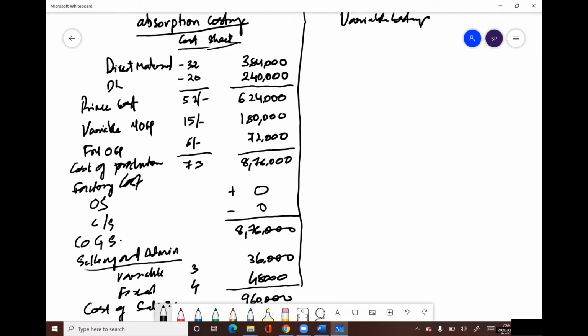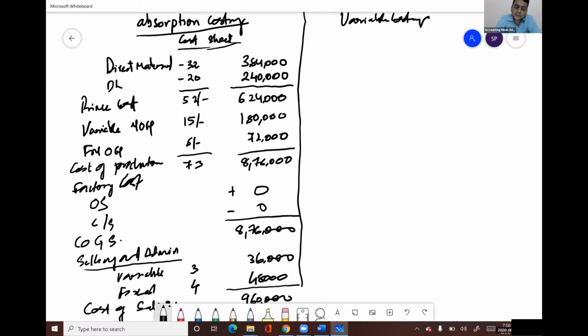That means what? What is conversion cost? Conversion cost is labor cost plus manufacturing overheads. Agree? All of you agree? Yes, sir. What is left out? Material cost is ignored.